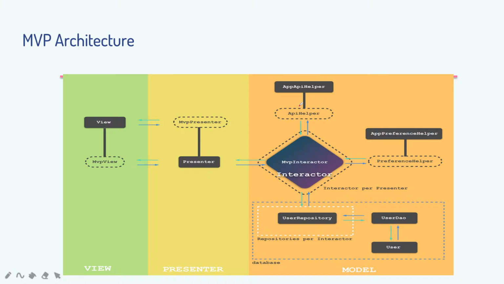The view is the viewer who can access the UI, and then the presenter, and here we have an application helper in the model. Based on the user interface, the user will use the whole application, and then they will tell the developers. Okay, so this is the architecture of MVP for our Kotlin language.